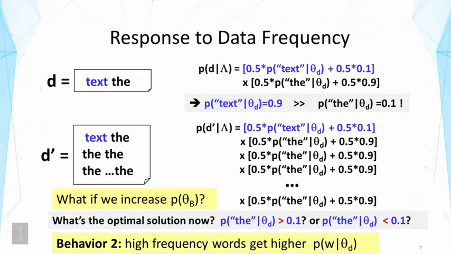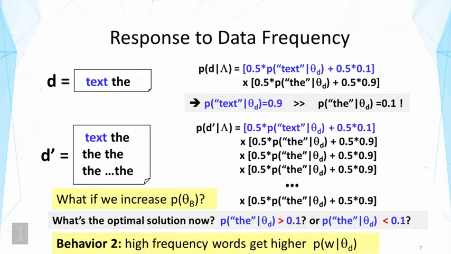You will see these terms for "the" will have a different form, where the probability of "the" would be even larger, because the background has a high probability for the word, and the coefficient in front of 0.9, which is now 0.5, would be even larger. When this is larger, the overall result would be larger. And that also makes it less important for theta sub d to increase the probability for "the", because it's already very large.